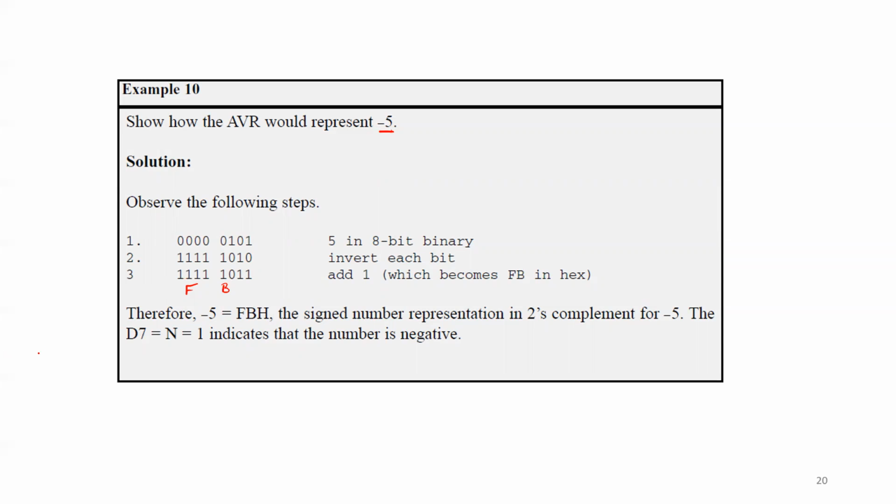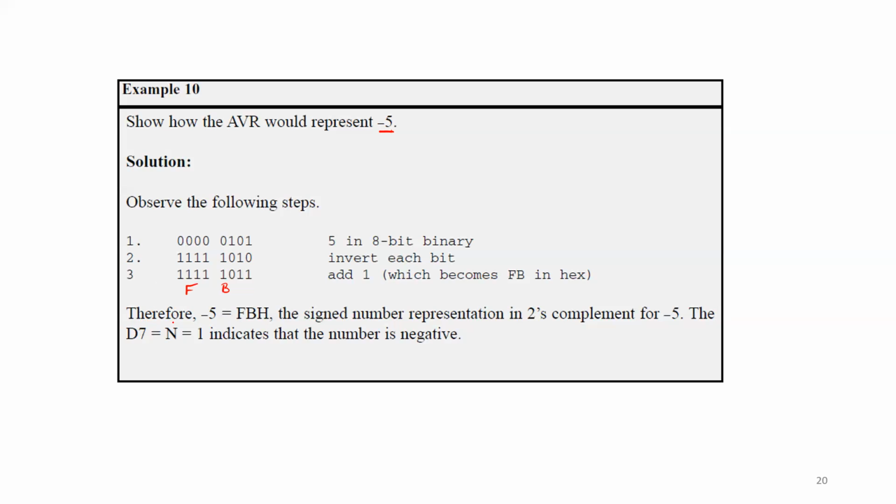Because as you can see, this number now can represent -5 and at the same time can represent plus FB, which means it's confusing for us now. So there will be some indications.